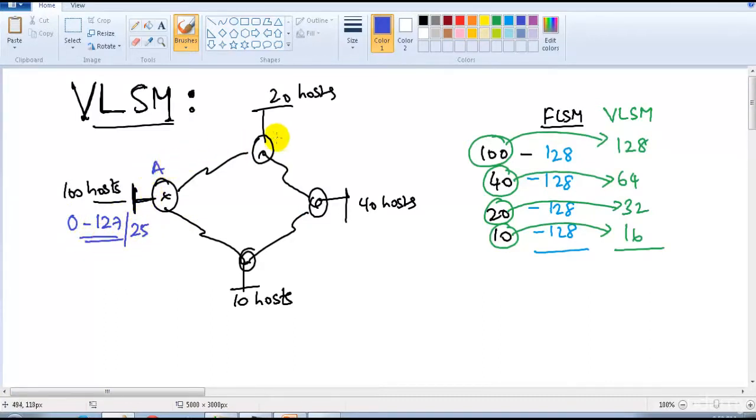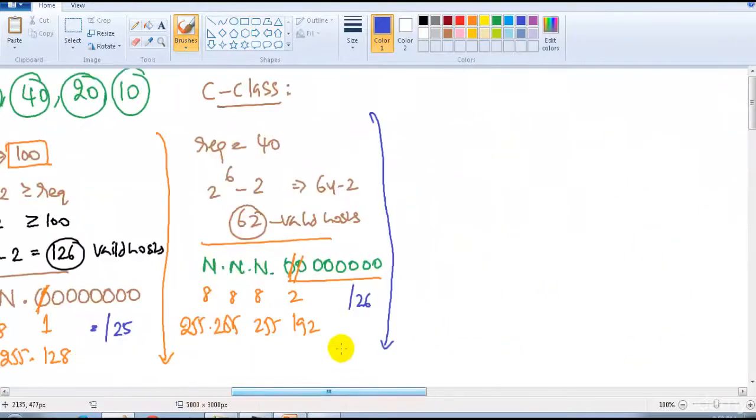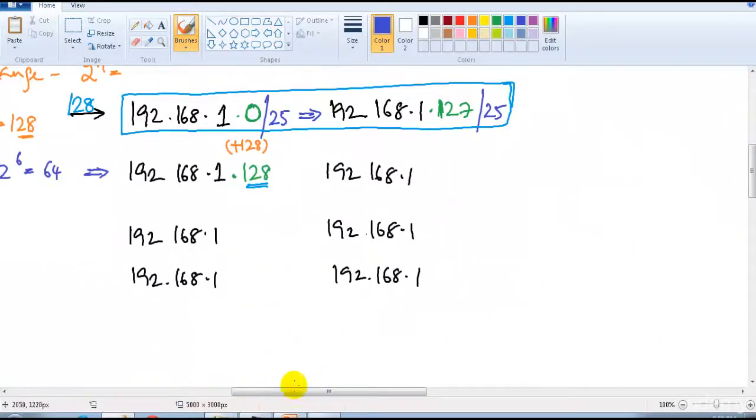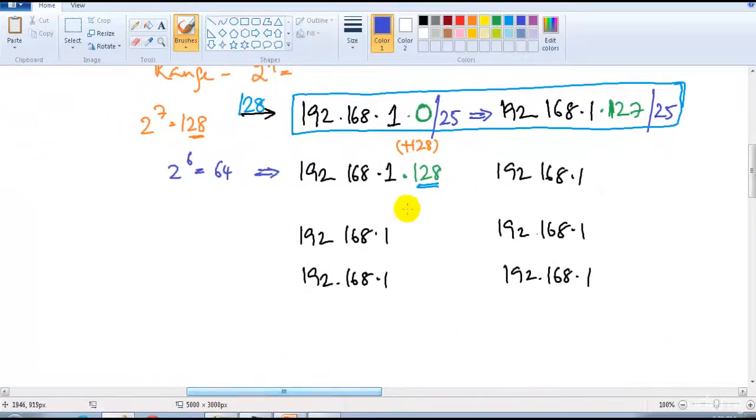Let's say branch office A, branch office B, branch office C, and branch office D. And I have addresses available from 128. So I'm going to provide the addresses from 128 in a group of 64 addresses, which means plus 64 here. So the next start will be 192 and my range ends on 191.